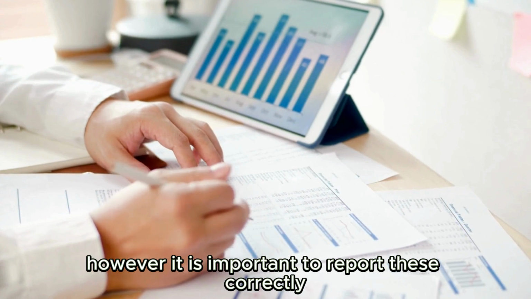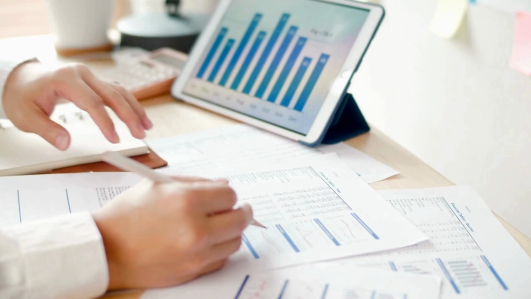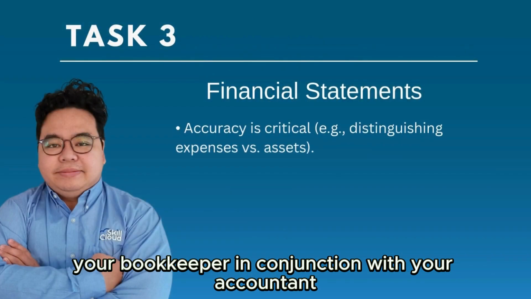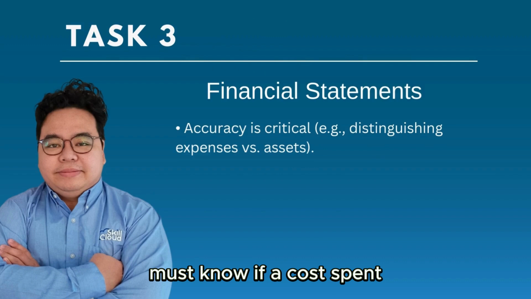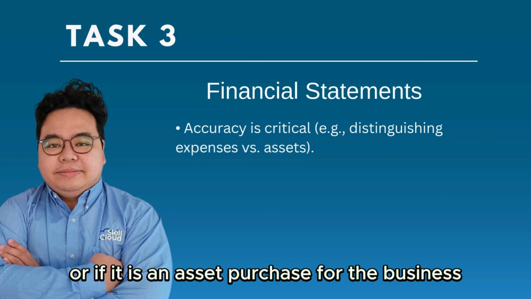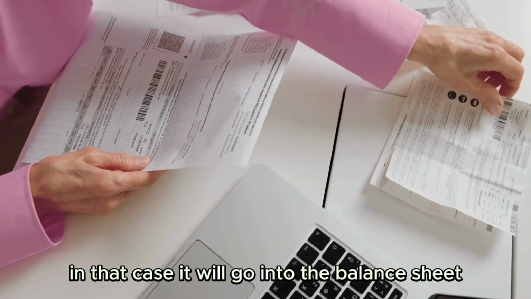However, it is important to report these correctly. Your bookkeeper, in conjunction with your accountant, must know if a cost spend is entered into profit and loss or if it is an asset purchase for the business. In that case, it will go into the balance sheet.